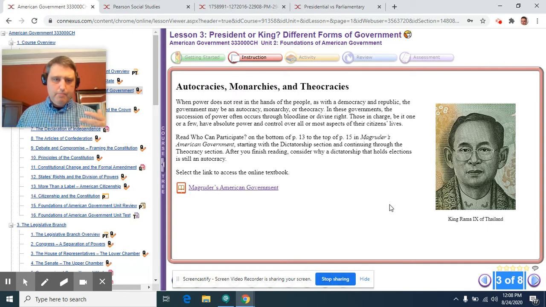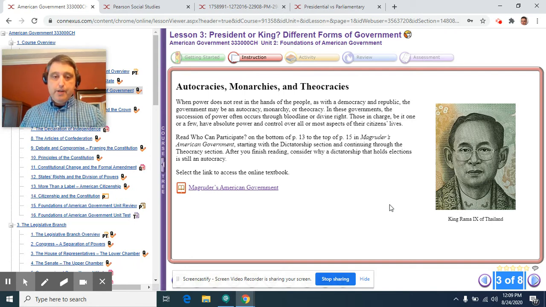But around the world, there are different ways of setting up governments where the power is not vested in the people. An autocracy, for example, auto means one, so autocracy is rule and power in the hands of one person or one group. Monarchy is a system of government where there's a king or a queen.